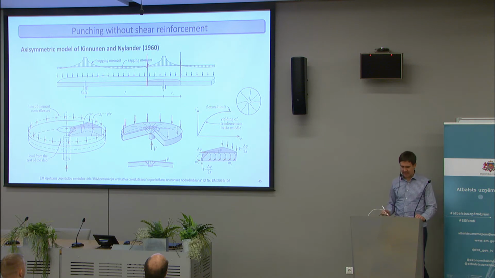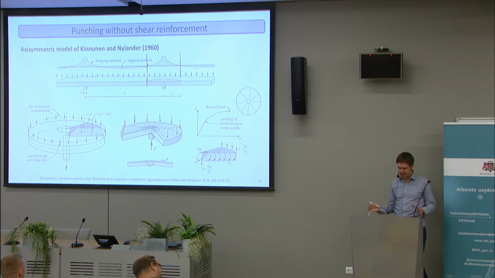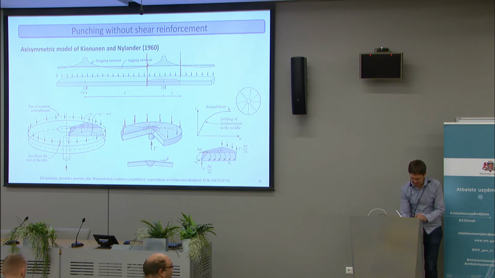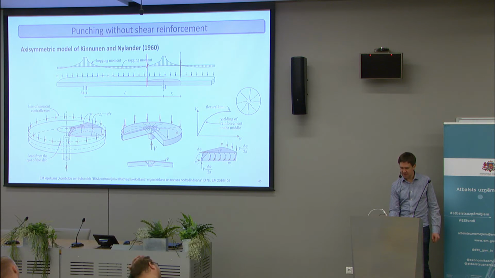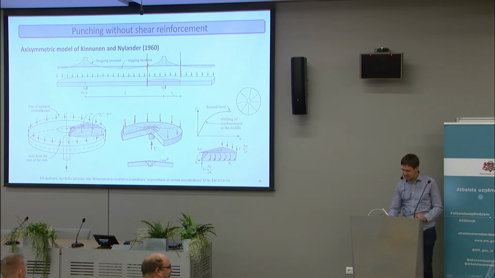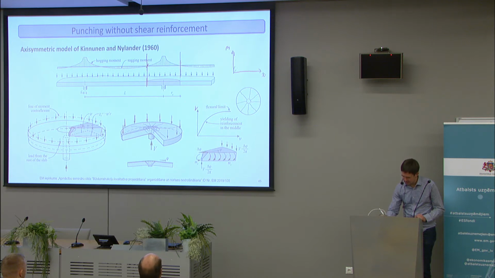And they also found a way to calculate the deformations of the slab. They looked at equilibrium of a sector of a slab like this, and the forces and moments acting on it, and with that you can derive the load rotation curve when you know the moment curvature relationship of concrete in bending.